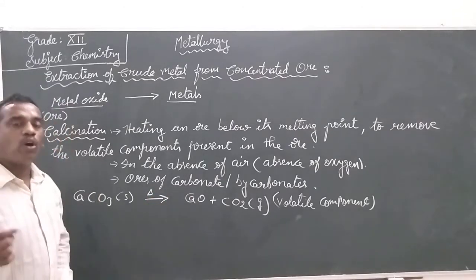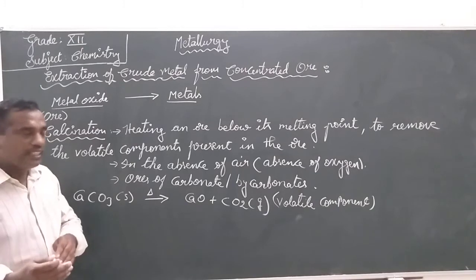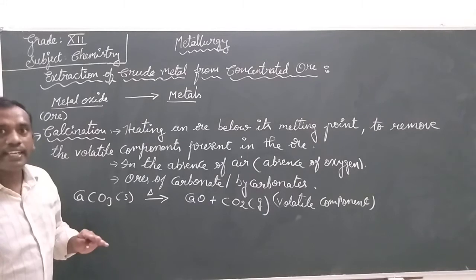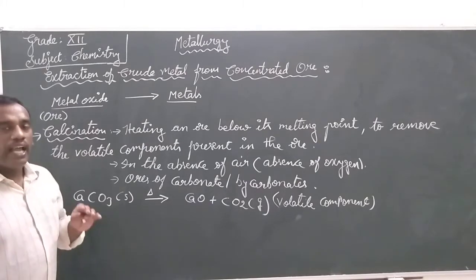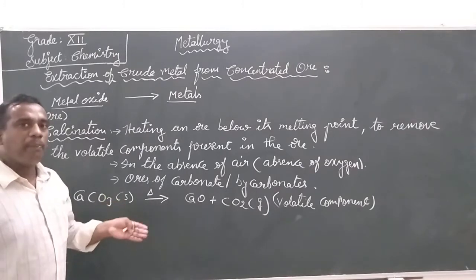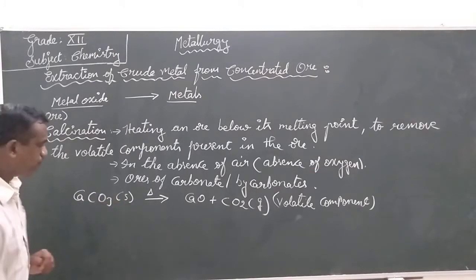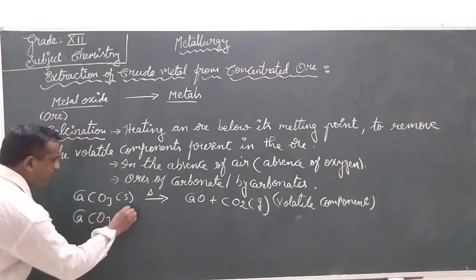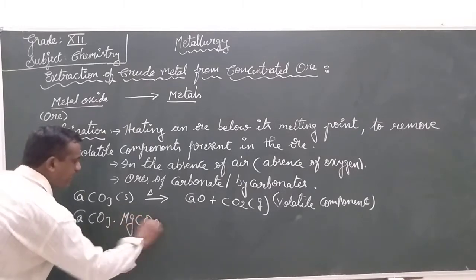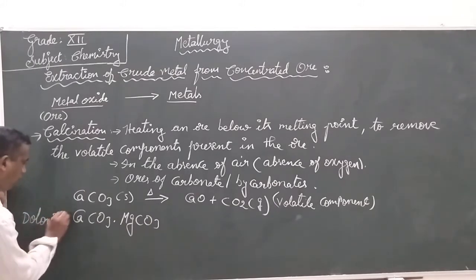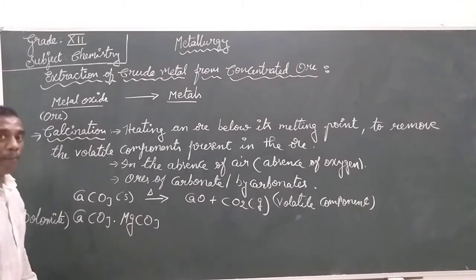We are taking one more example. In this case, we have heated an ore of calcium. At times, this calcium ore may be in a combined state, not present in a direct state. It is in a combined state with magnesium carbonate, called dolomite.